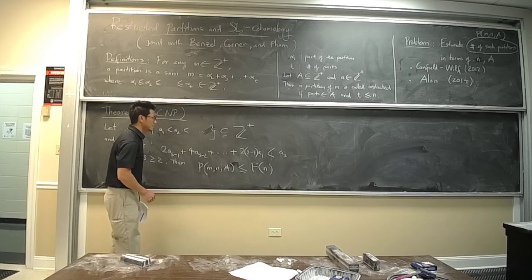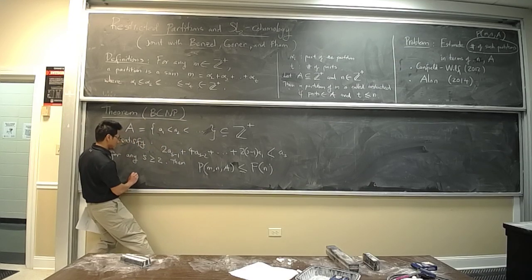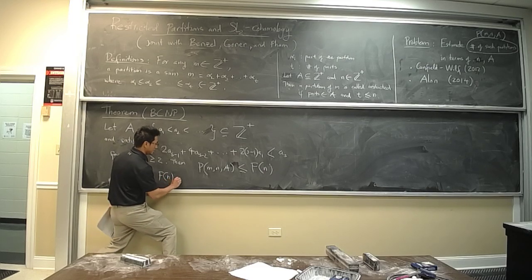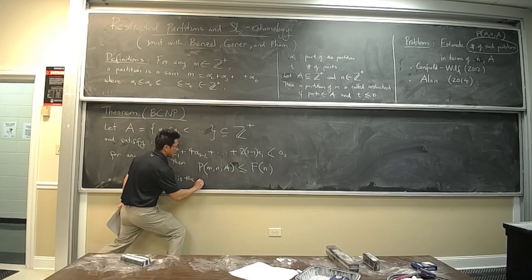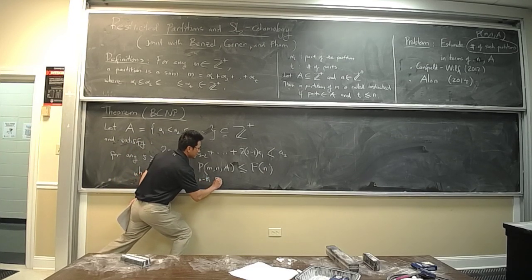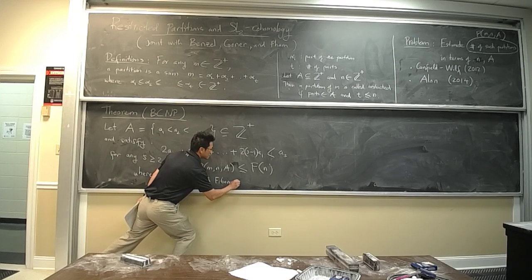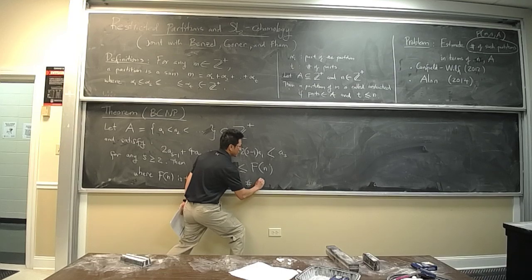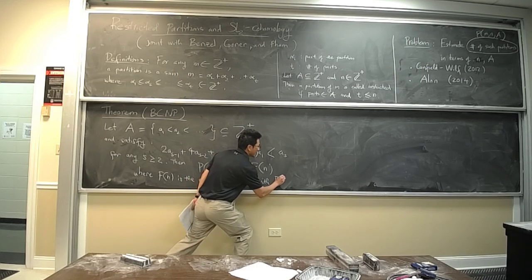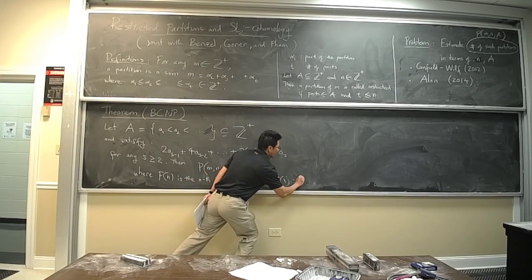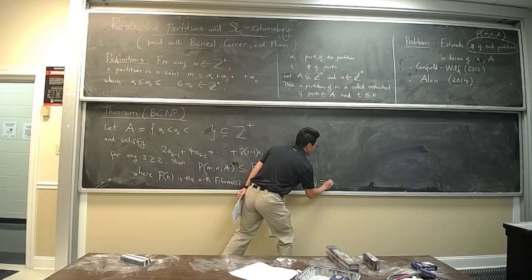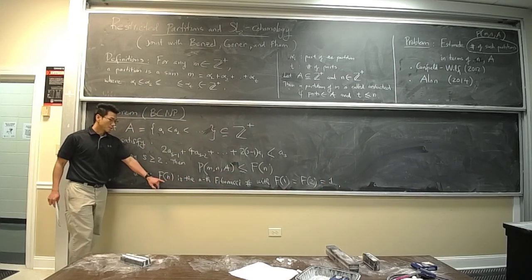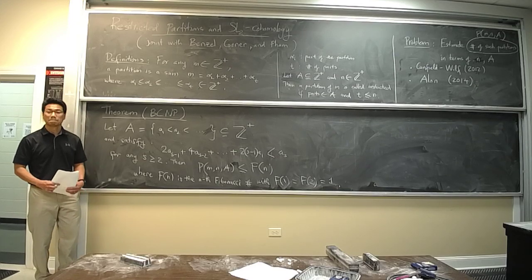Here f sub n is the nth Fibonacci number with f sub 1 equal to f sub 2 equal to 1. Okay, so here is the starting point of this Fibonacci number.